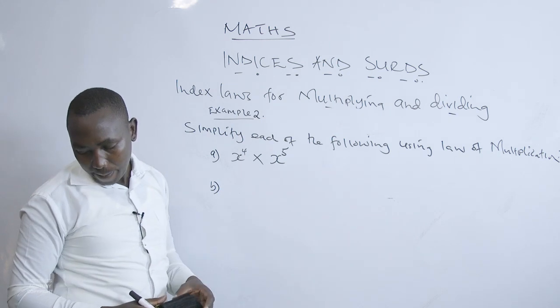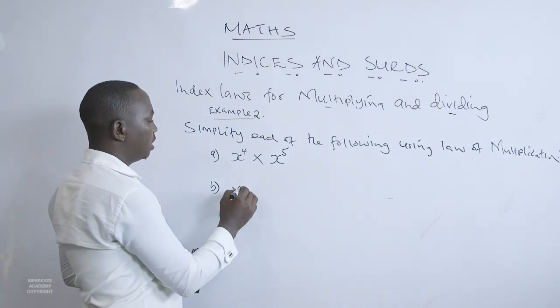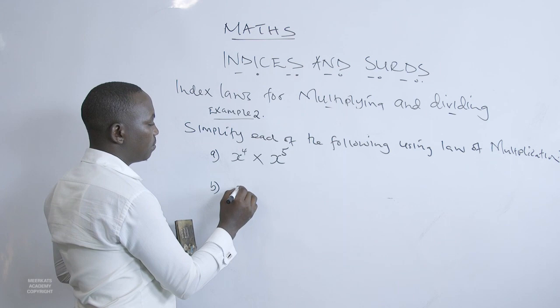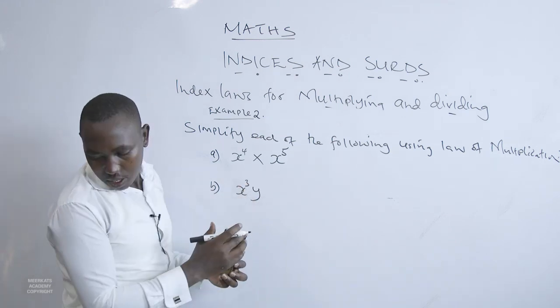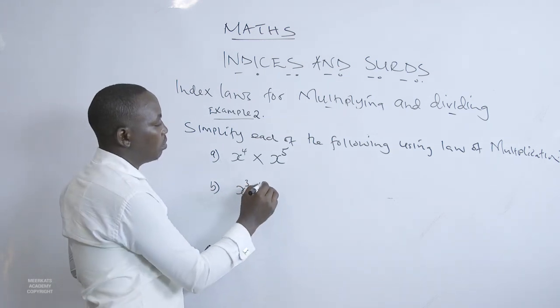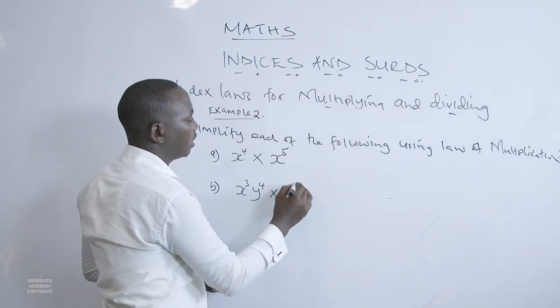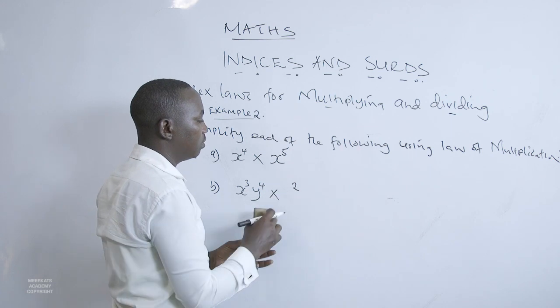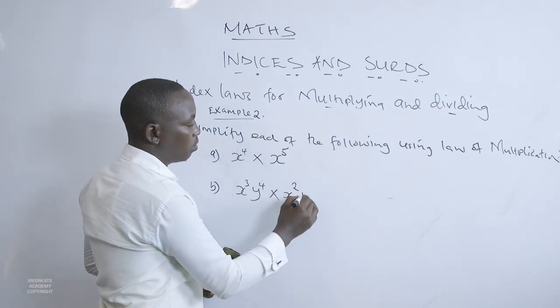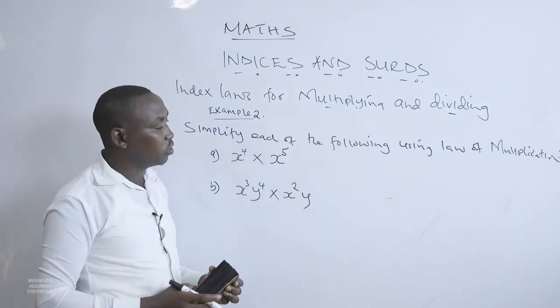Number B, we have x cubed y raised to power 4 multiplied by x raised to power 2 y raised to power 1.